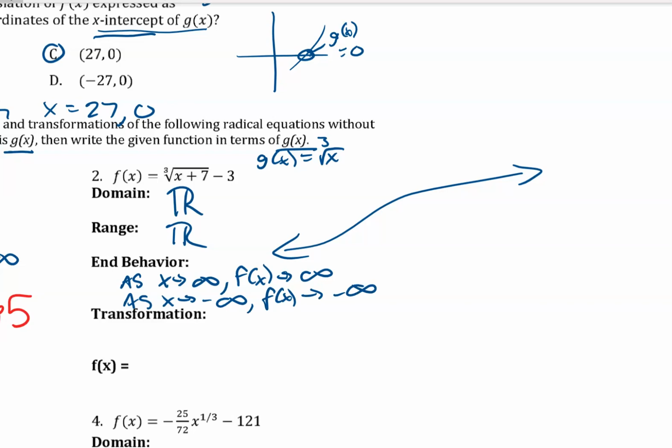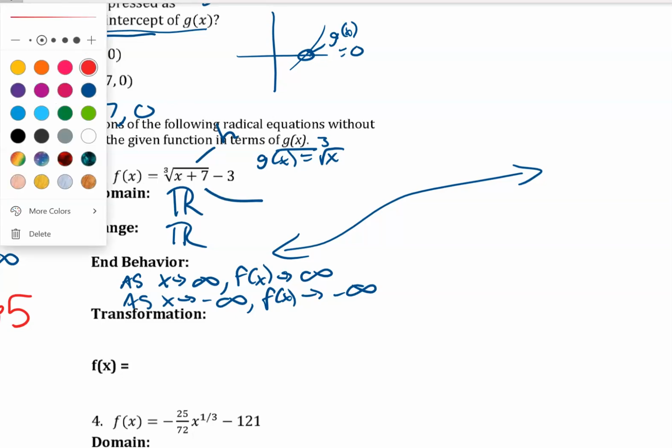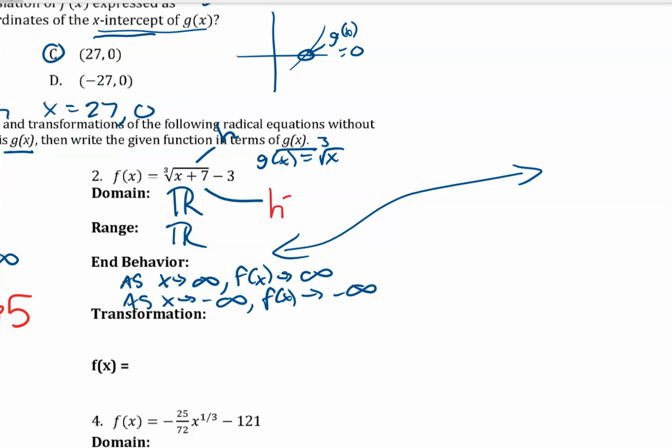My transformation, my h value. Let me do the red pen again. My h value is negative 7 because it's x minus h. My k value is negative 3 because it's plus k. So x minus negative 7 plus negative 3.